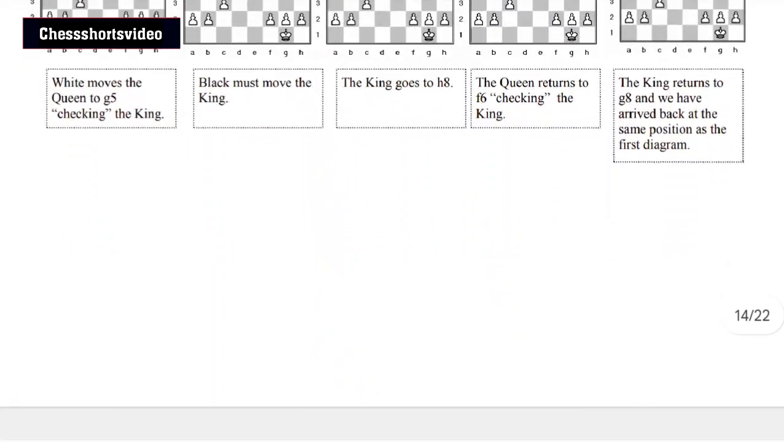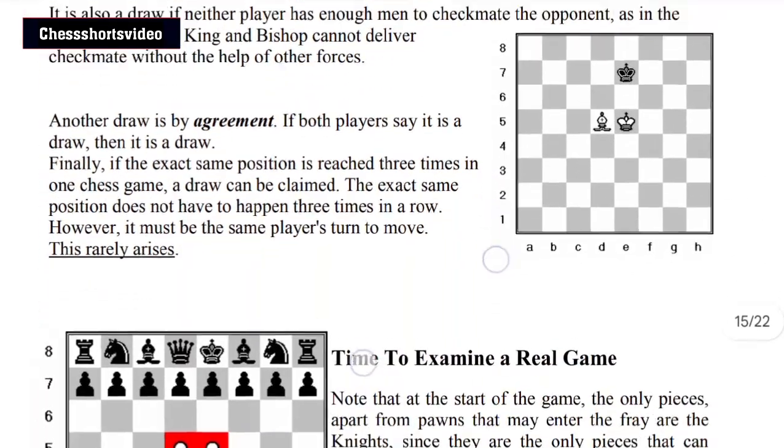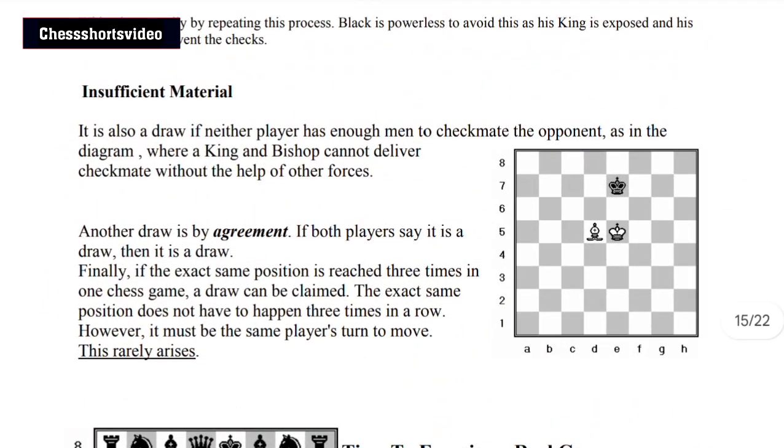Okay. Sometimes what happens? Insufficient material. What is insufficient material? Suppose you have a king and your opponent also has a king. Both have only a king, so they cannot make checkmate. This is insufficient material.